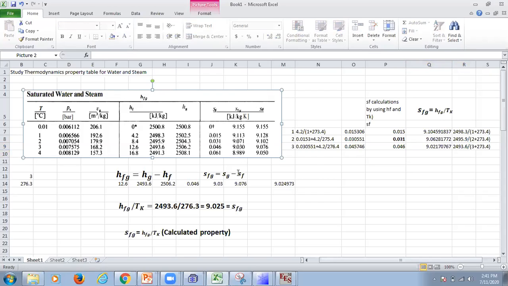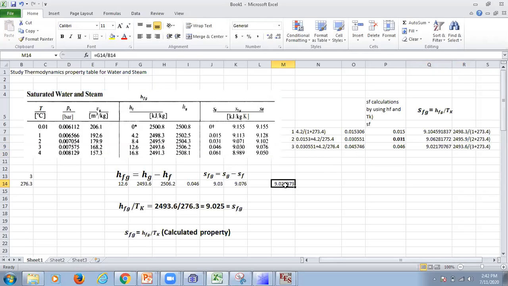This is 9.03. 2493.6. At 3 here is 9.0249. Three point three here.